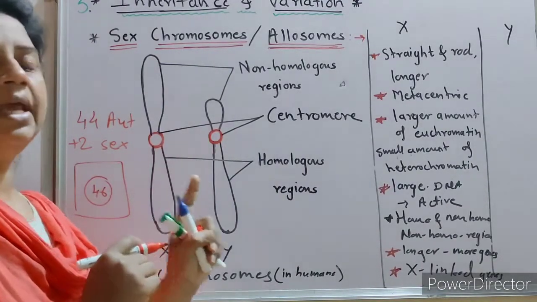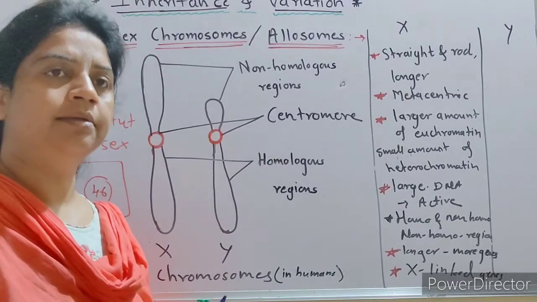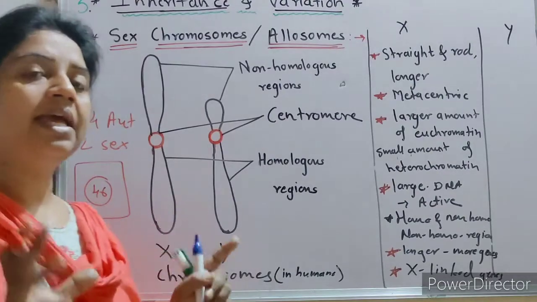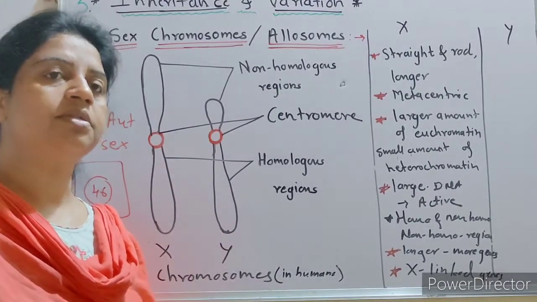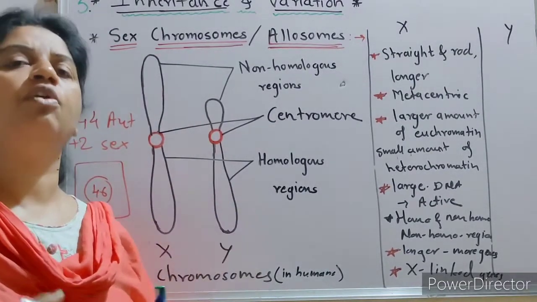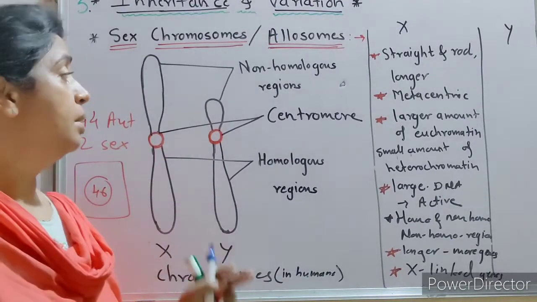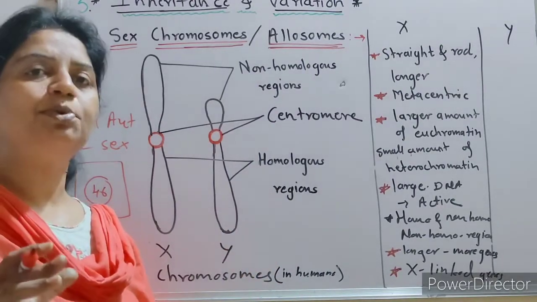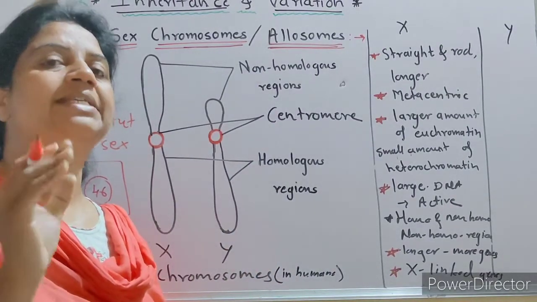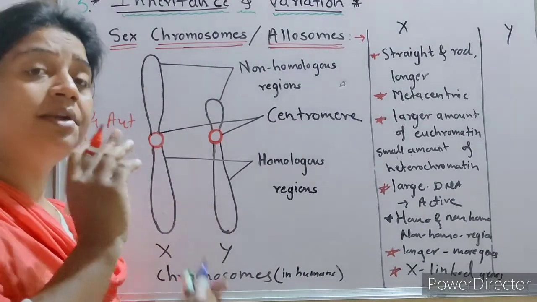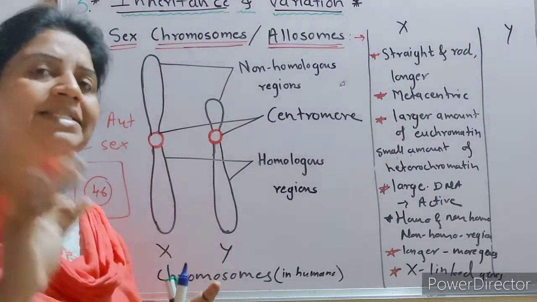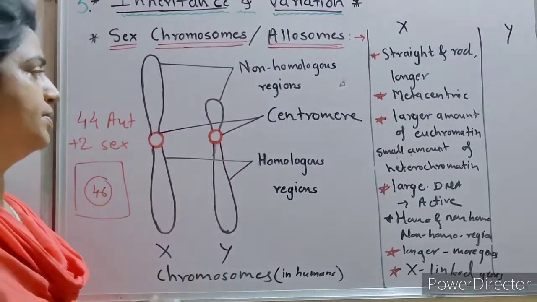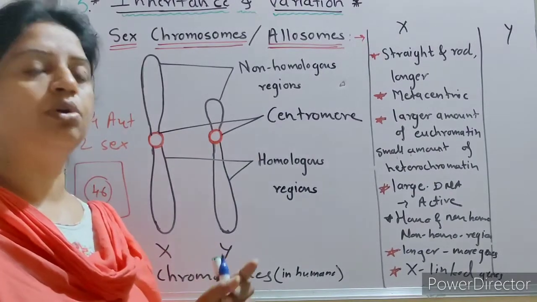When XX, the child is female; when XY, the child is male. XX chromosomes form the female reproductive system and XY chromosomes form the male reproductive system. These two chromosomes, X and Y, are responsible for determination of the sex of the child, so they are called sex chromosomes, or also allosomes.